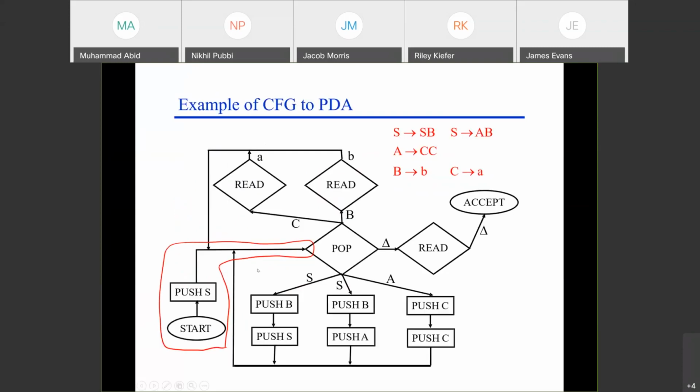So you always start with this, and now you need to see how many production rules you have which are like one non-terminal replaced by two non-terminals, like this. You have three production rules. You need to follow this design here to manage that. Okay, so now let's take the first production rule, S can be replaced by SB.